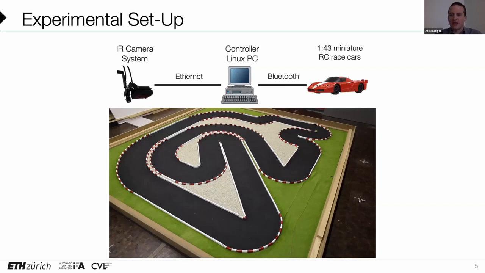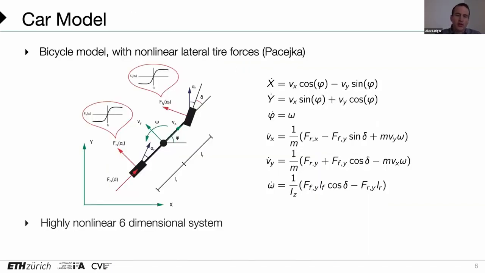And for this, we need a model. The model we use is a dynamic bicycle model. So it's a bicycle model with nonlinear lateral tire forces, which we model with Pacejka magic formulas. So they define the lateral forces, so how the tires interact with the ground. And then finally, we also have a model of our drivetrain, which models how the throttle we send to the car actuates it, and then the steering angle.